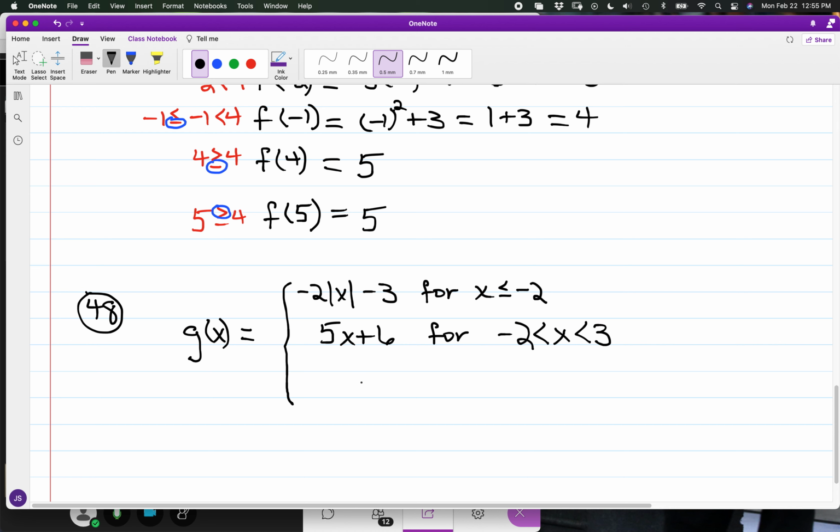And for the remainder, y is equal to g of x is equal to 4, for those values of x that are greater than or equal to 3.